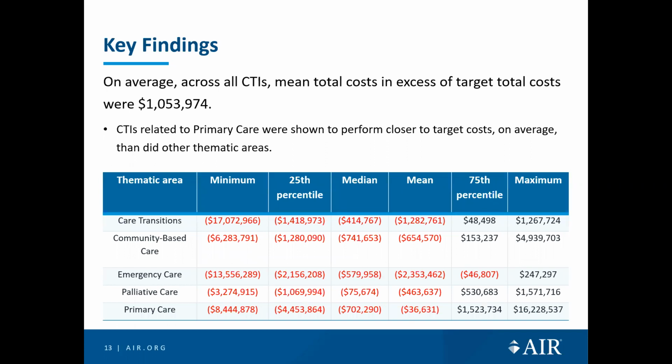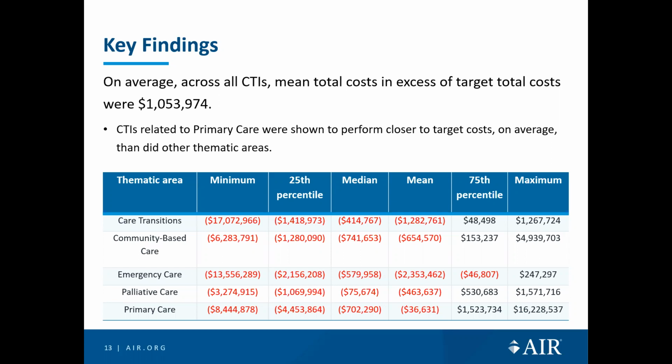So looking at some of the financial results, on average across all CTIs, the mean total costs were in excess of target total costs by approximately $1 million. We saw that CTIs related to primary care were shown to perform closer to target costs on average compared to other thematic areas. And if you look at this table, you can see a distribution of the minimum and maximum total costs in excess of target costs.